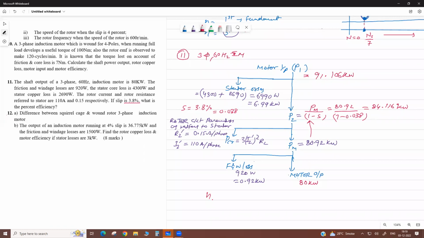Directly motor efficiency will be output is 80, input is 91.106. It is 87.8%.